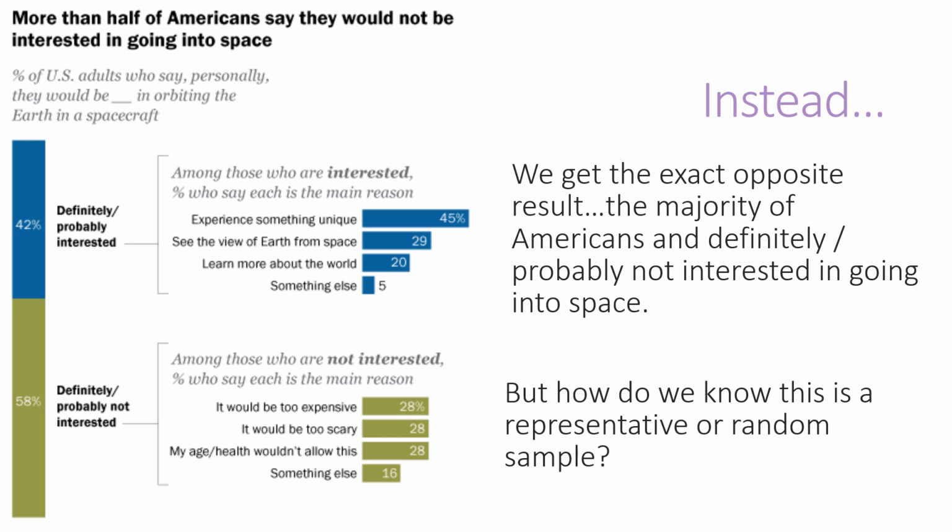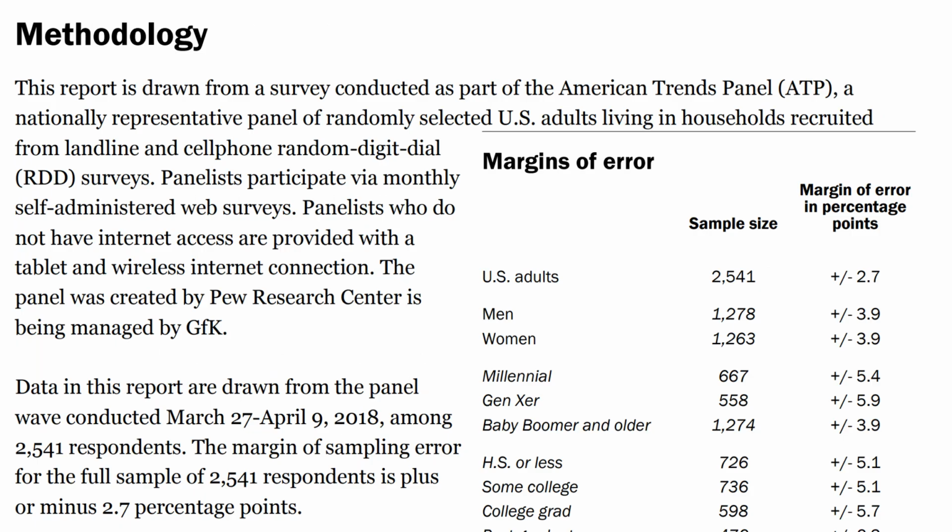And if you dig a little deeper, you will find that Gallup and organizations like this tend to use probability sampling here. So it's a fairly large sample size, not as large as the Twitter poll, but more importantly, they are using a probability method here where they are randomly drawing a survey from landlines and cell phone random digital dials.